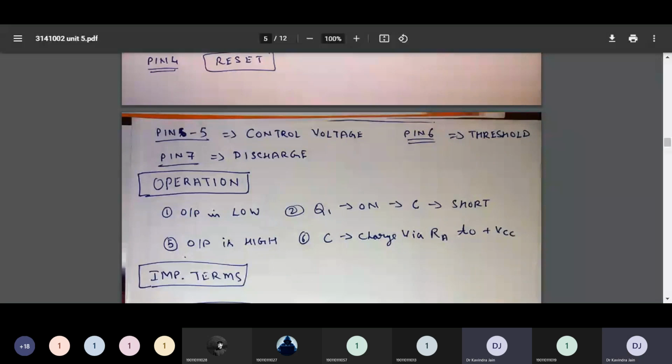Step number 7: when the voltage across the capacitor is 2/3 VCC.